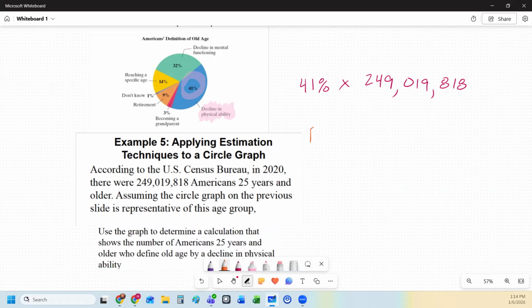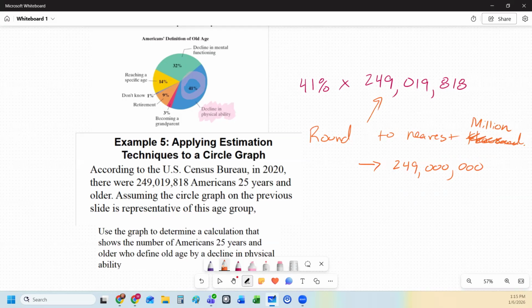In this case, I'm going to round the number of people to the nearest million, because that's all I really care about.